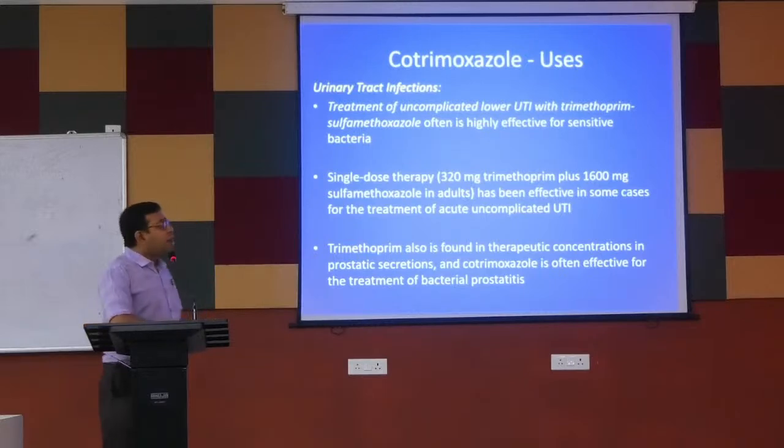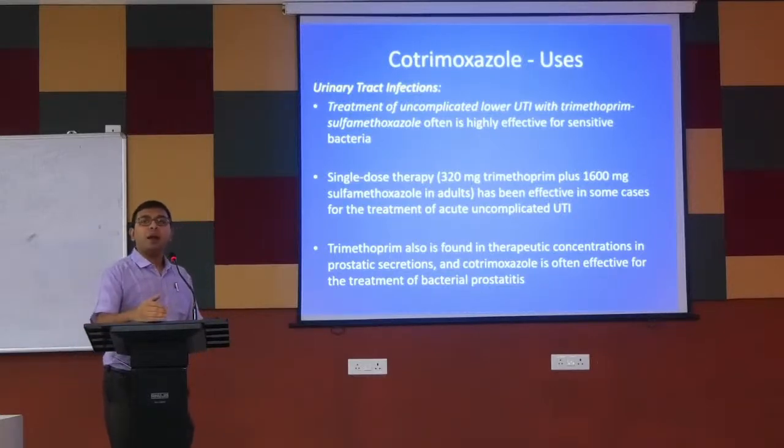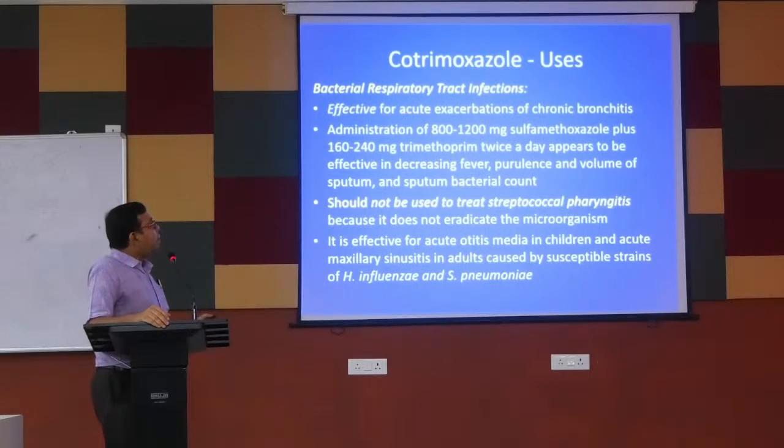Within urinary tract infections, for treatment of uncomplicated lower UTI, it is given. Usually the combination is used. Trimethoprim alone, details are not required. Remember, for urinary tract infections, cotrimoxazole is an important agent. For respiratory tract infections it is also an important agent, but it should not be used to treat streptococcal pharyngitis because it does not eradicate the microorganisms.